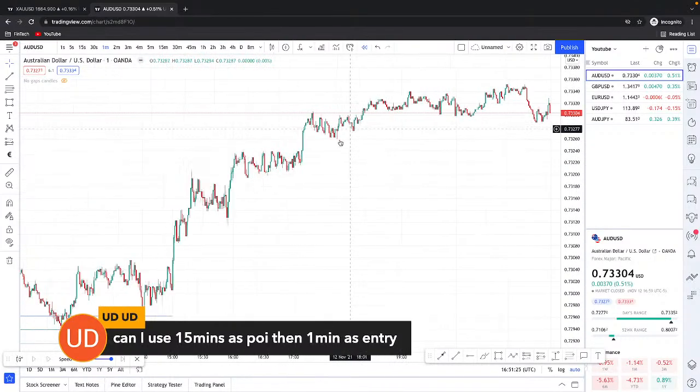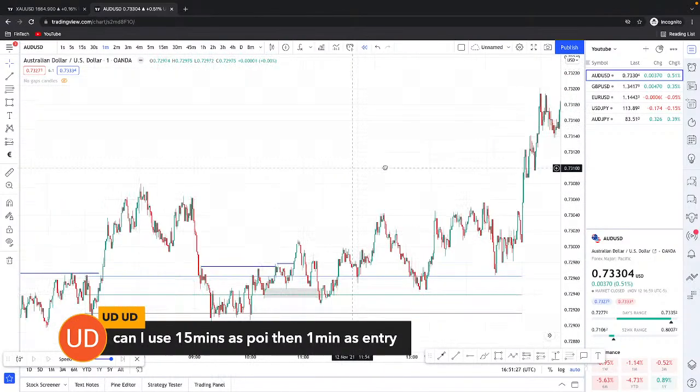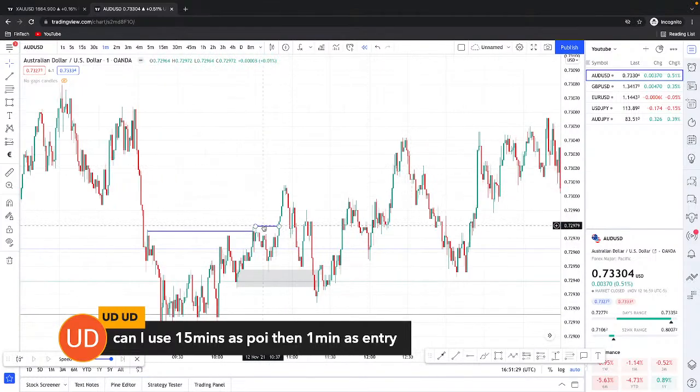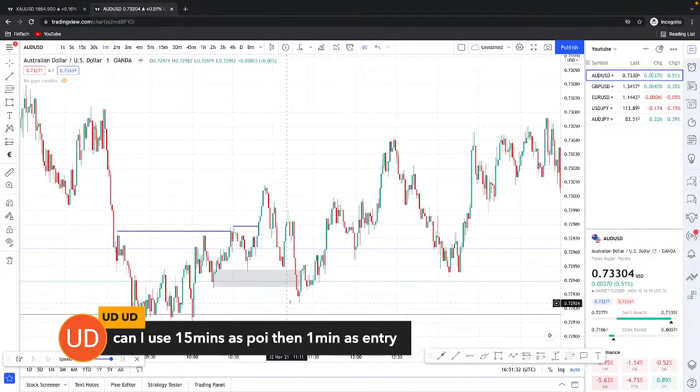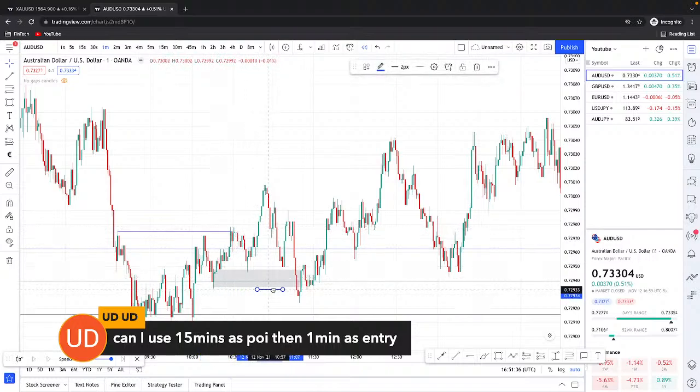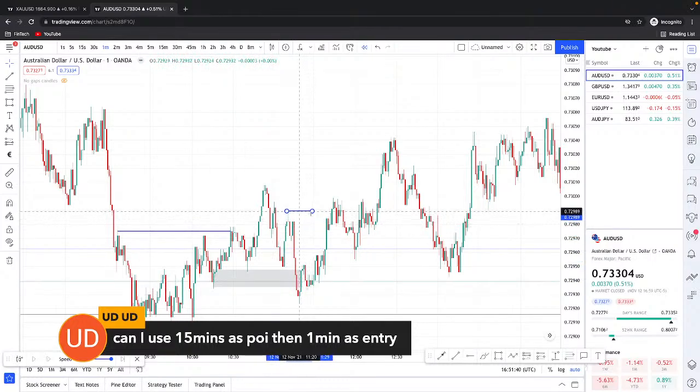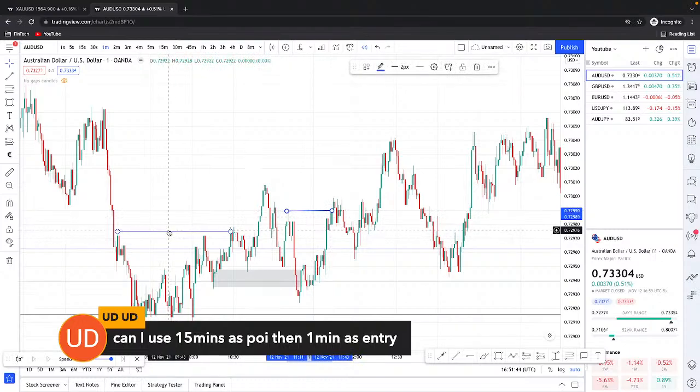So what do we do in this case? We reset these two rules. Now what do we see? This is a break of structure down here, and what happened next? This low got broken. So we reset and again confirm 2 breaks.